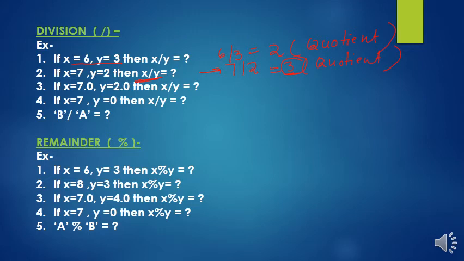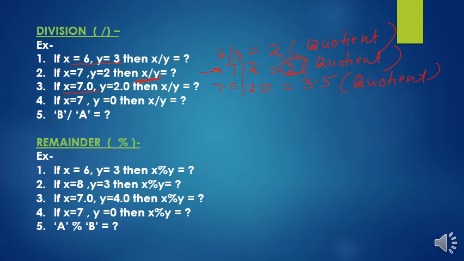Next question is the value of x equal to 7.0 and y is equal to 2.0. So 7.0 divided by 2.0 will give 3.5 as a quotient. Very important it is, children.